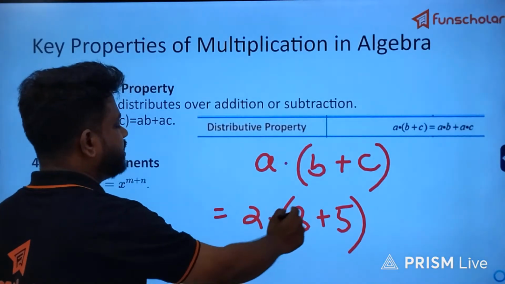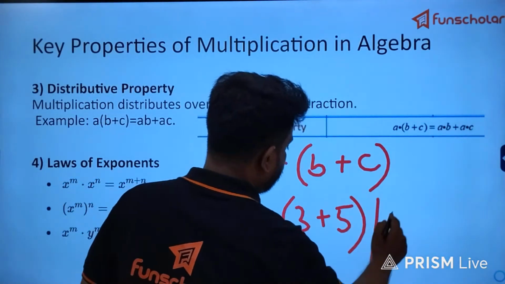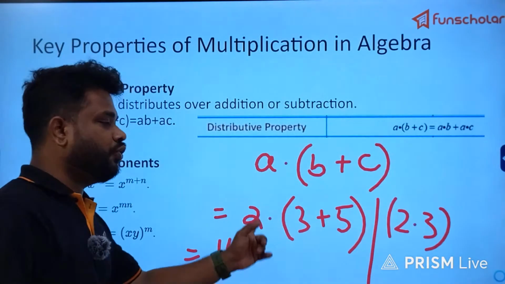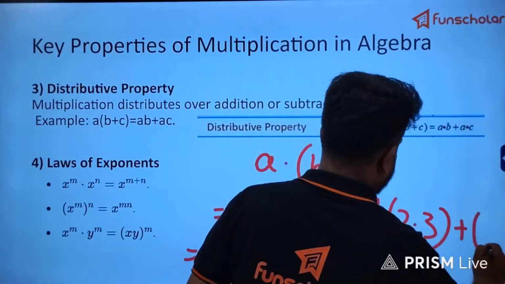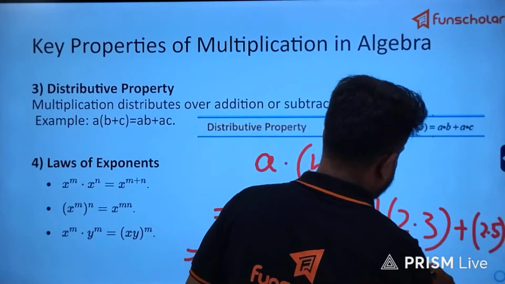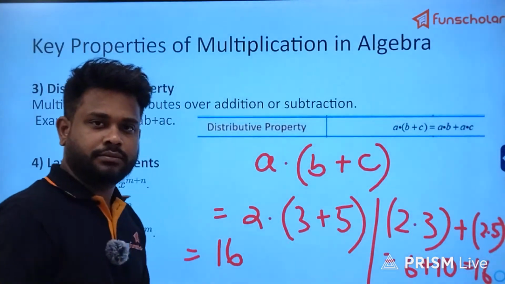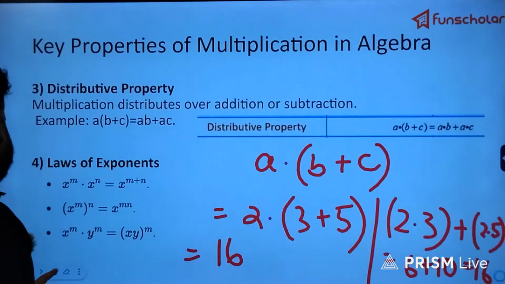If we solve this, 5 plus 3 will be 8, 8 into 2 will be 16. If we distribute 2 between these two terms, we end up getting 10 plus 6, and the answer will be 16. So this one is a proper example of the distributive property.